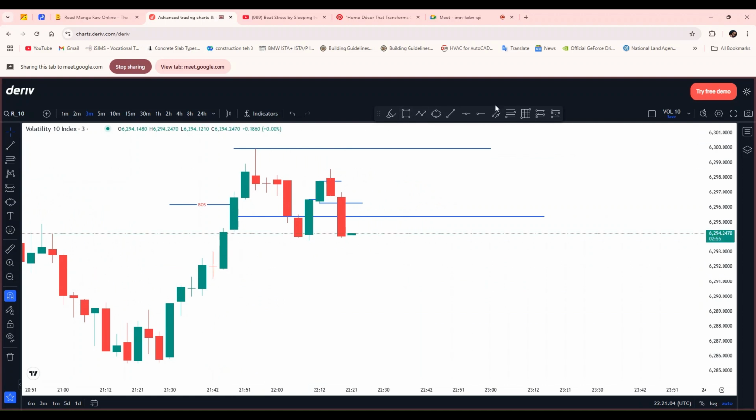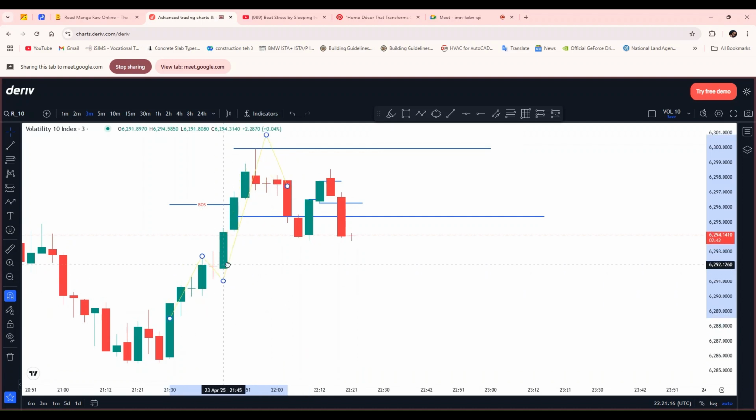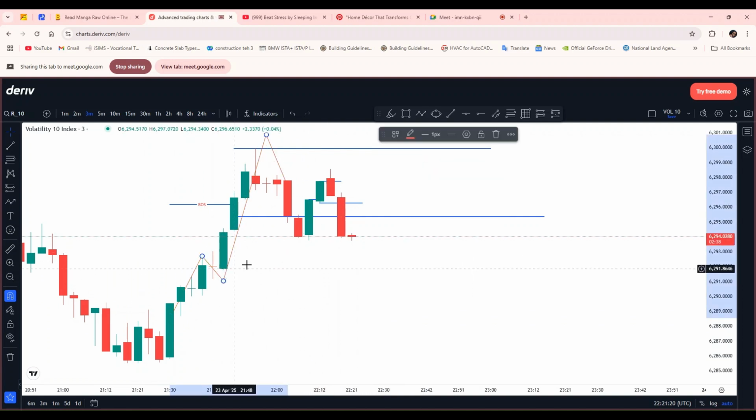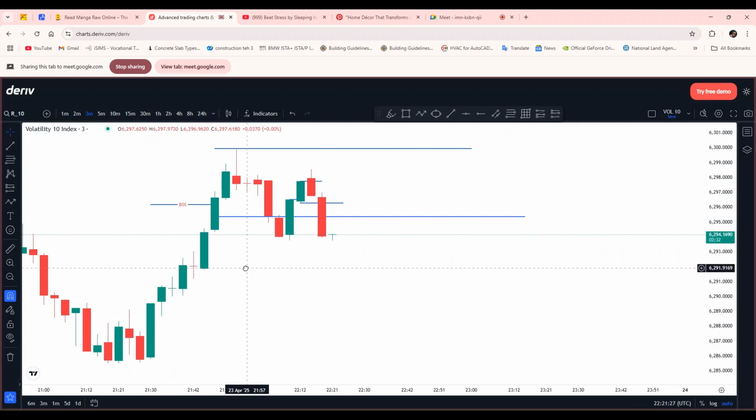So this would mean that, that's what this is. This is basically a pullback area. So this would be a 3 minute external high and an external low.